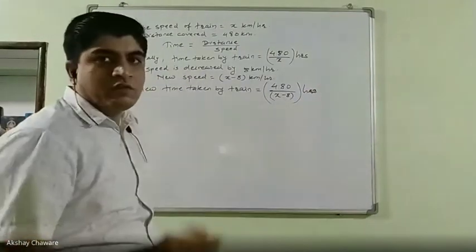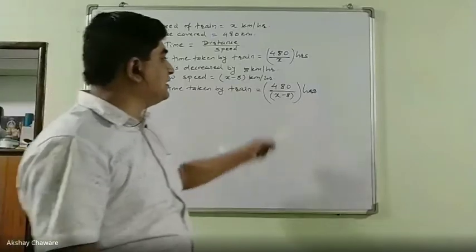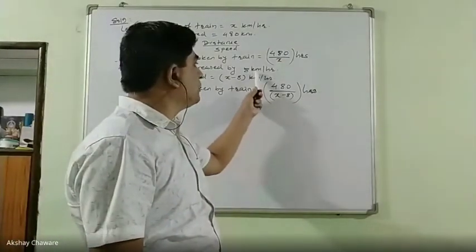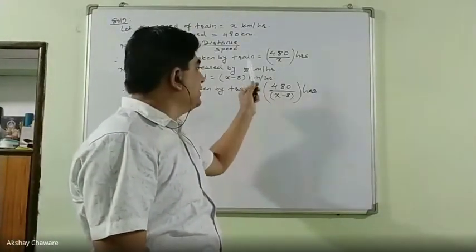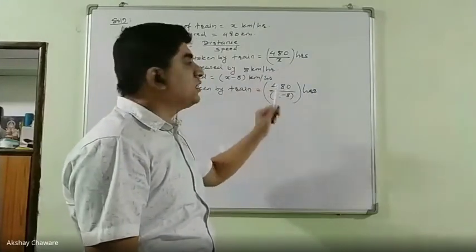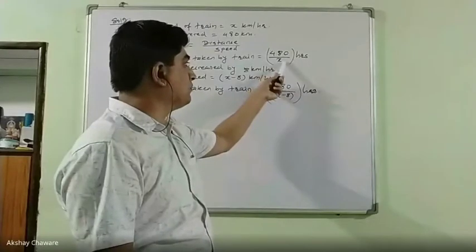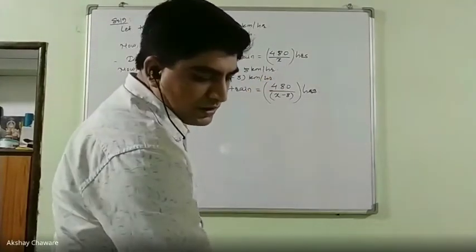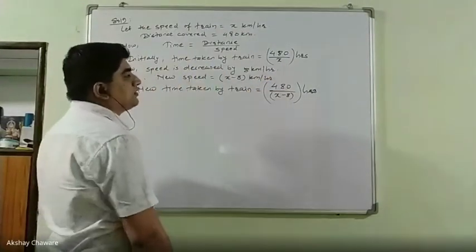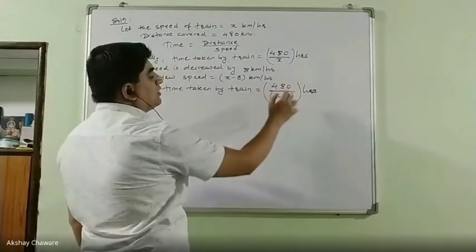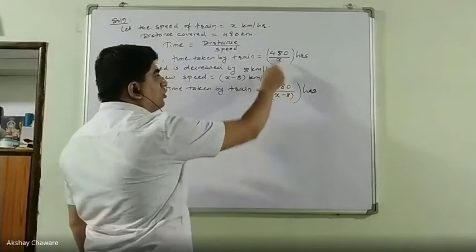And according to the given condition, the speed is decreased by 8 kilometer per hour, then the time will increase by 3 hours than the original time. They have said it would have taken 3 hours more to cover the same distance. So this time is 3 hours more than the original time.